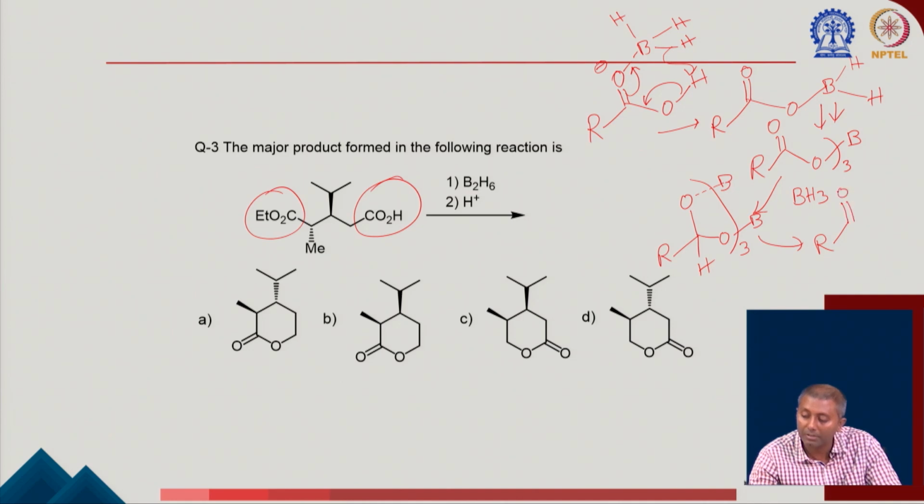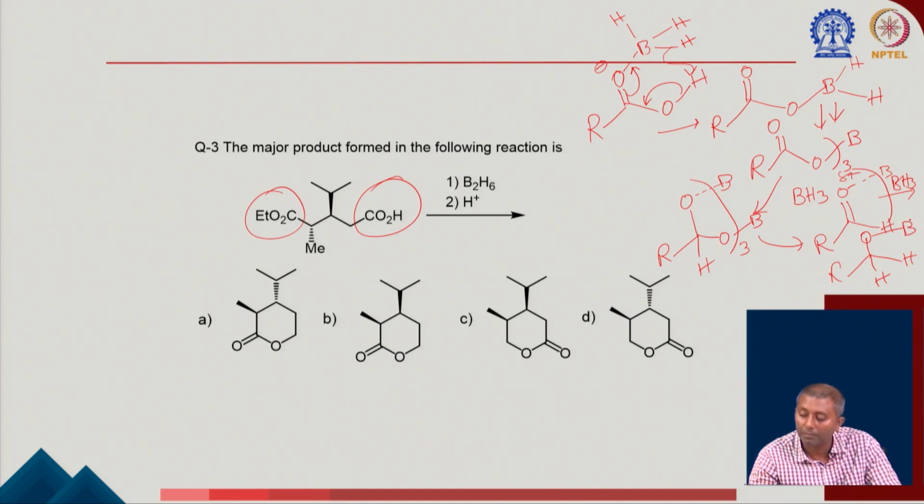Some oxygen will still be attached to some boron, and there will be an H here. So this species eventually is going to get reduced again by BH3, because the boron is activating this carbonyl, some sort of delta plus, so BH3 is going to reduce it all the way to the corresponding alcohol.